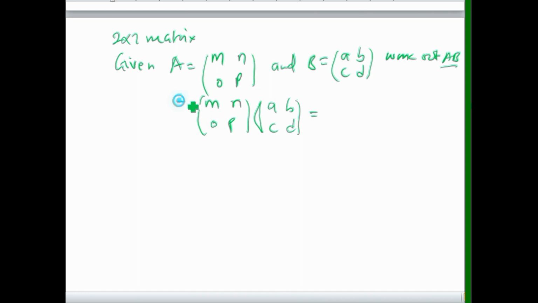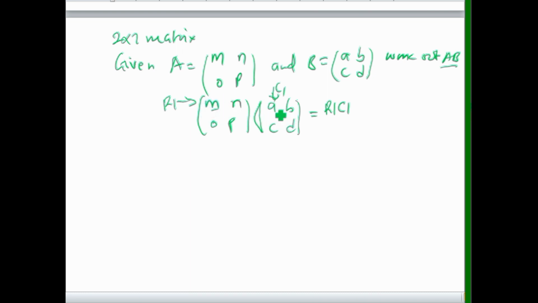Take the elements of the first row, multiply by the elements of the first column of the second matrix, and the result there, we shall multiply and then add.